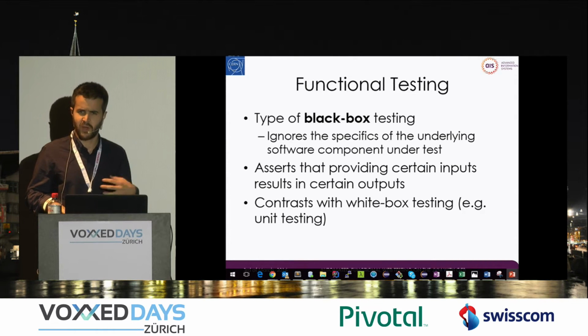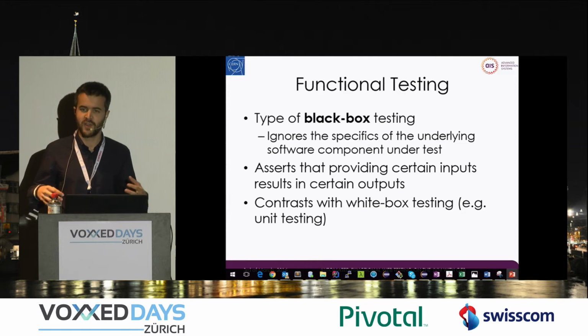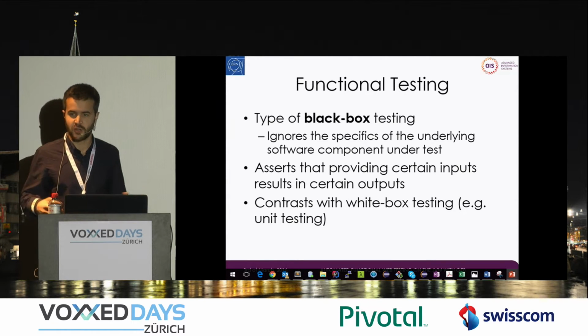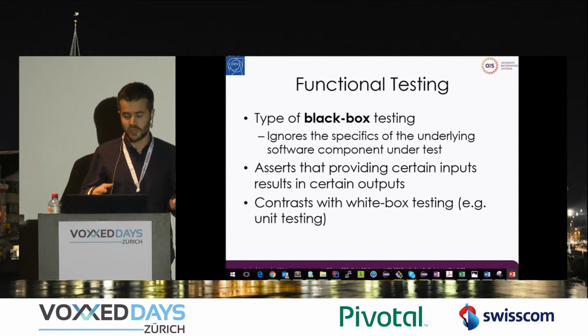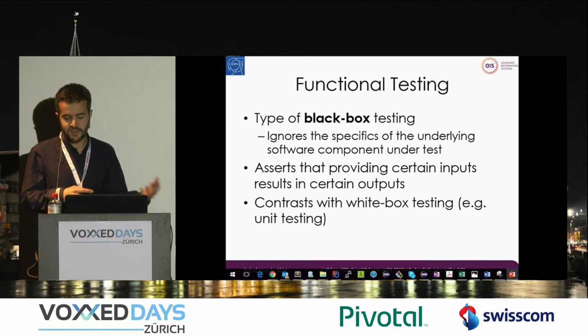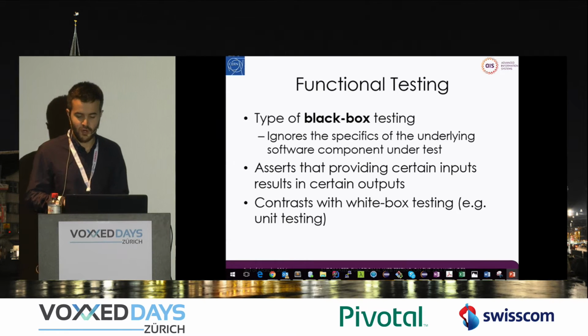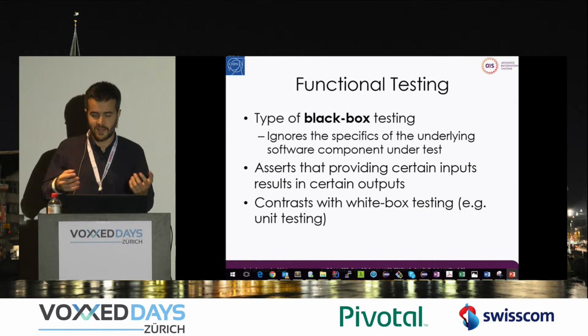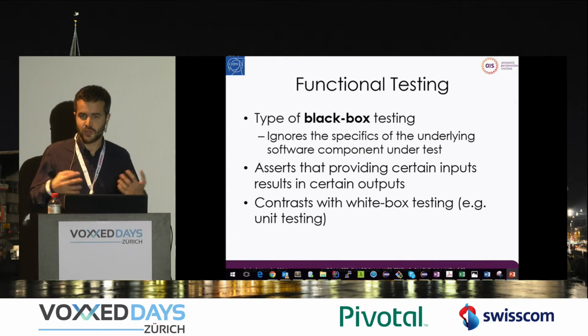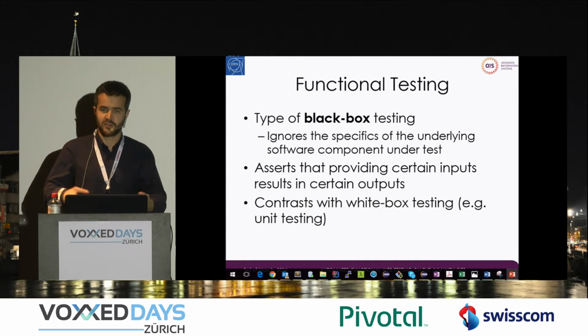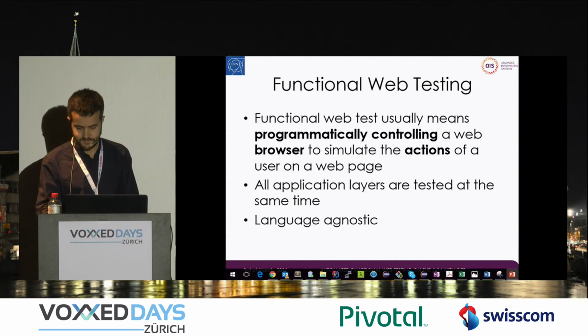This is also known as black box testing, wherein you ignore the specifics or the internals of the underlying software component which is under test. So you basically assert that providing certain inputs results in certain outputs. And this contrasts, of course, with white box testing, like unit testing, where you actually want to test the underlying parts of your software components.